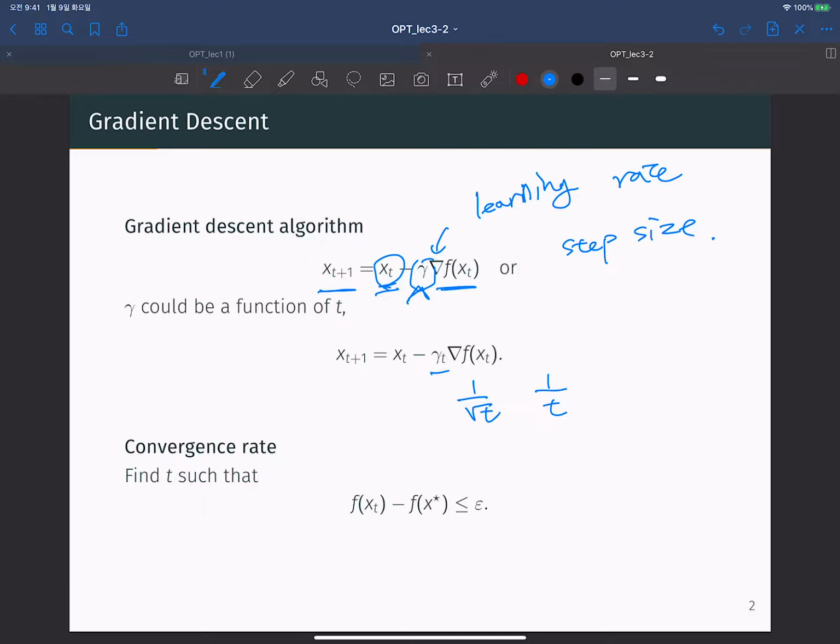To analyze the performance or efficiency of the gradient descent algorithm, we usually analyze the convergence rate. So we want to find the t that satisfies f(x_t) - f(x*) less than or equal to epsilon. That is, we want to find out how many iterations we need to be epsilon close to the solution.